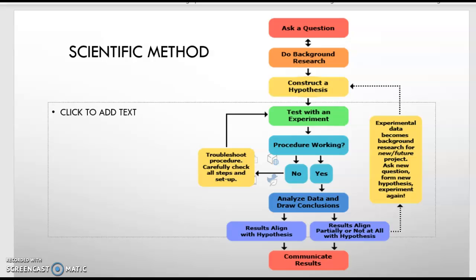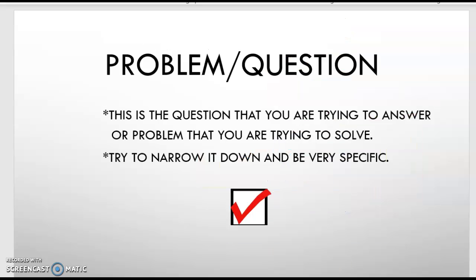So we're going to start with our first step, asking a question. So that first step is identifying the problem and then creating a question. So this is the question that you are trying to answer or the problem that you are trying to solve.